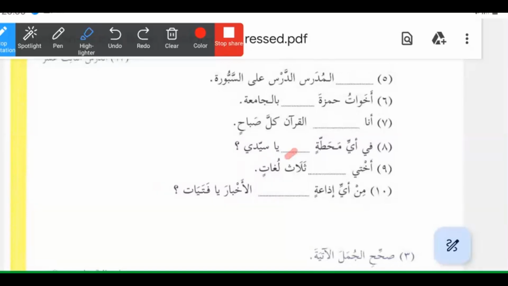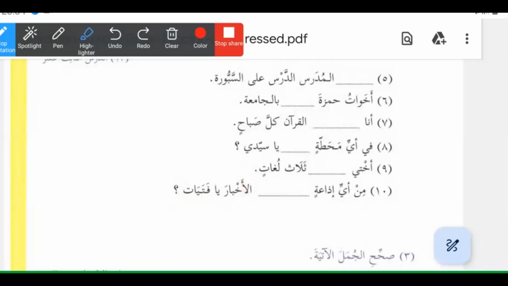من أي إذاعة تسمعن الأخبار يا فتيات. فتاة means one young woman, and fatayat is a group of young females. Fatayat, so it is a mukhatab. This is the second person. Min ayyi idha'atin, meaning from which station, you listen to the news.